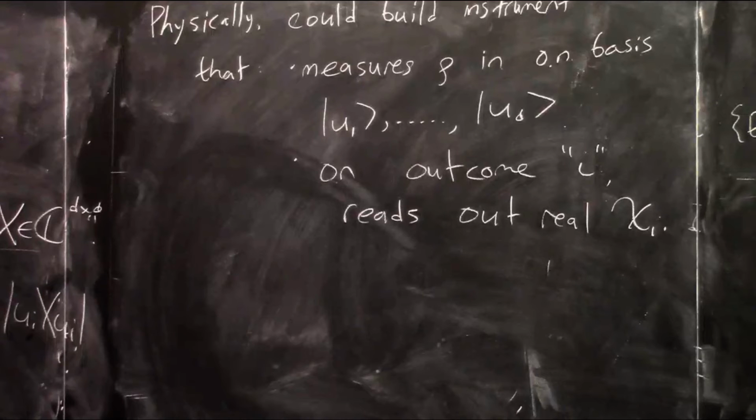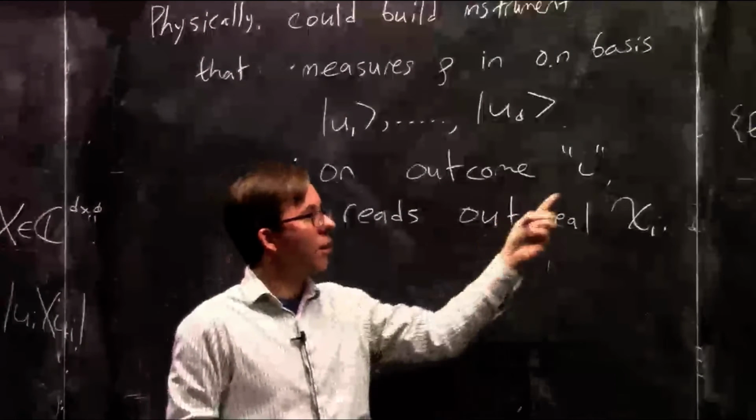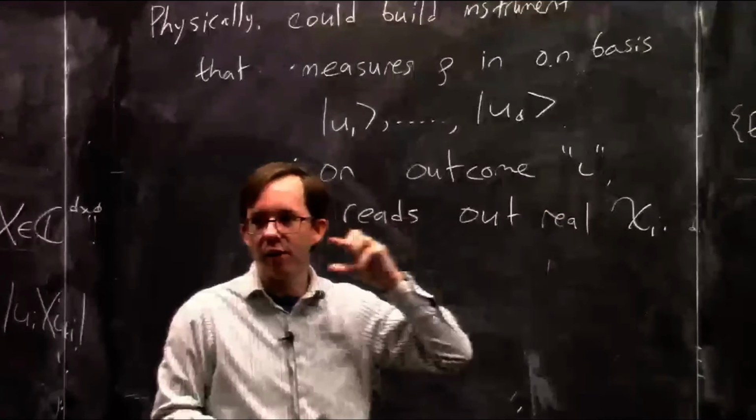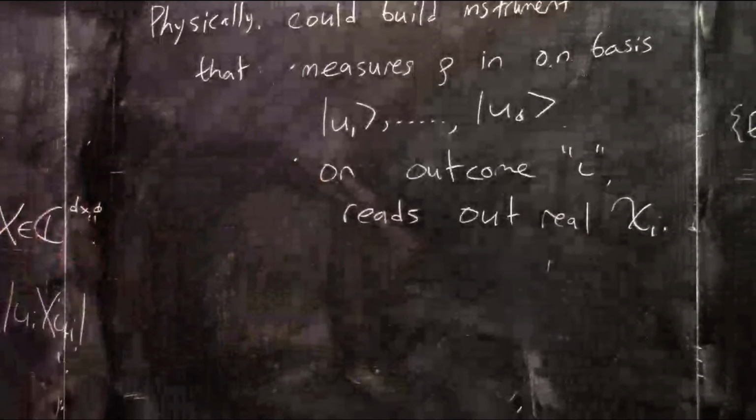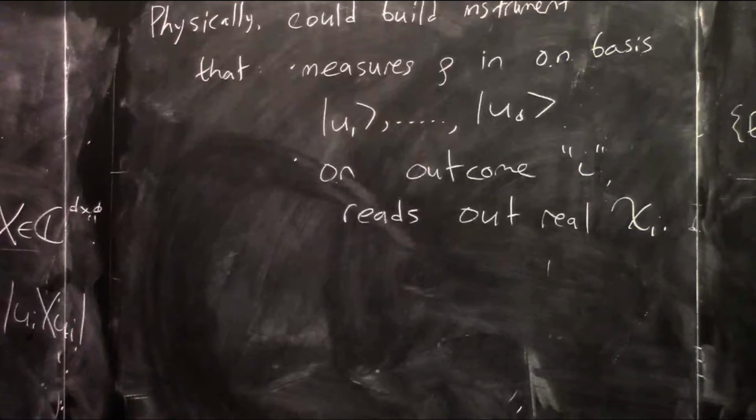When the particle comes in, it measures it in this basis, gets an outcome i, and if it gets 3, it prints whatever chi 3 is on its screen. And that's a machine or an instrument for measuring the X observable of the state. It could be a position measurer, or a momentum measurer, what have you.